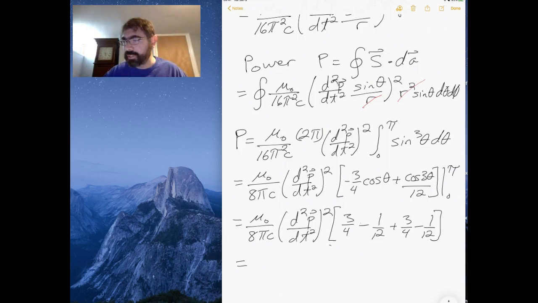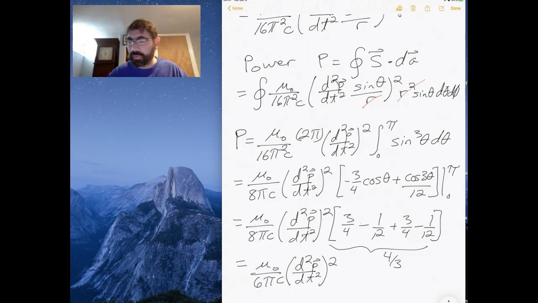And so then in the end, what you get is mu0 over 6 pi c, the second derivative of the electric dipole moment, that whole thing squared. So that now is our equation for the power from radiation from an arbitrary source.